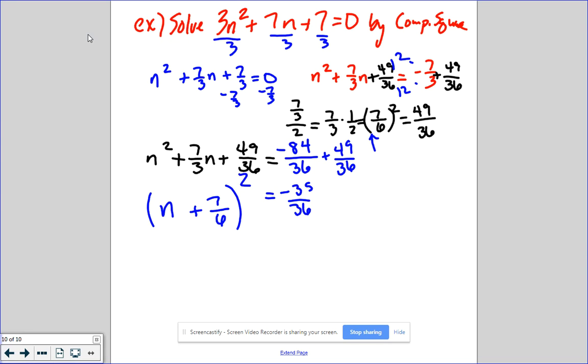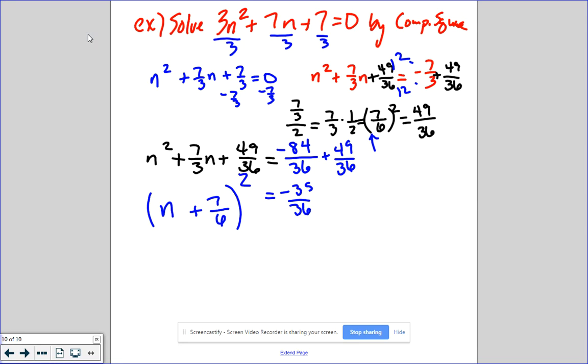So if b over 2 is negative inside there, that makes this minus. If b over 2 is positive, like it was in this case, that makes it plus. This shortcut helps you to not have to try and work through all that factoring. Does that make sense there? Okay. Now, I've got it in perfect square form.